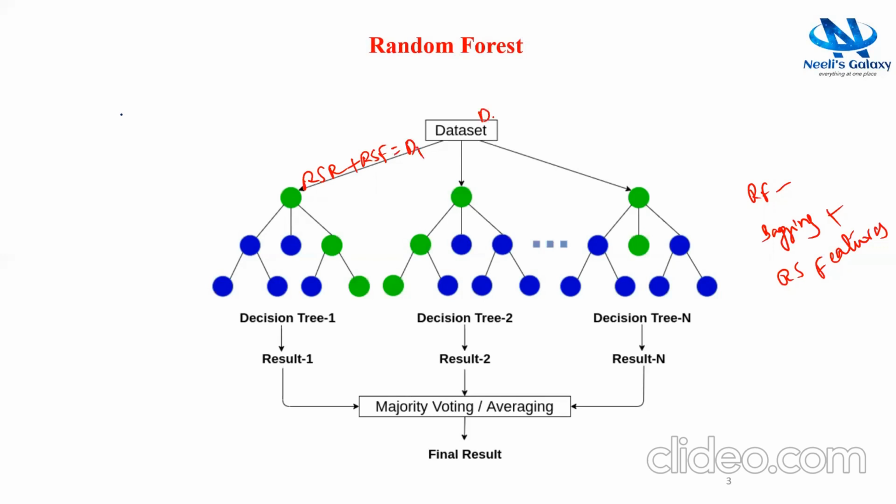Let us assume this is the home training dataset D. From the training dataset, we take a random sampling of rows and features to form the dataset D1. Similarly, we can form dataset D2, dataset D3, and so on. From each dataset, we construct a decision tree.